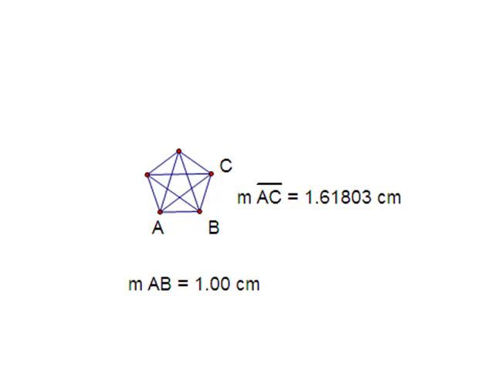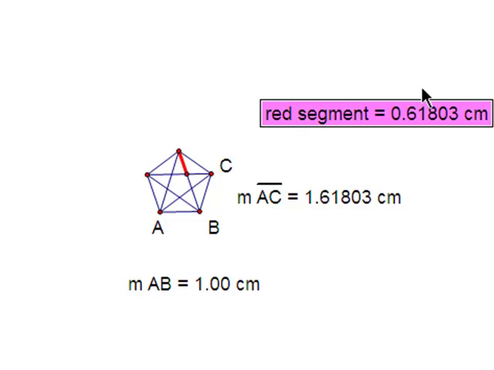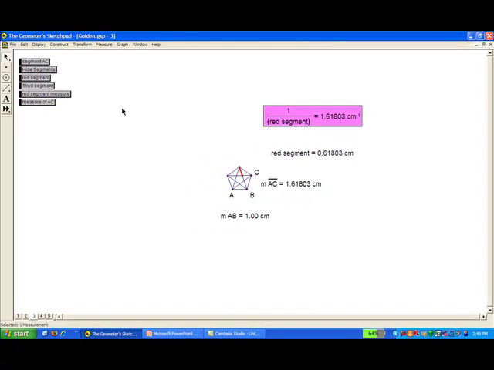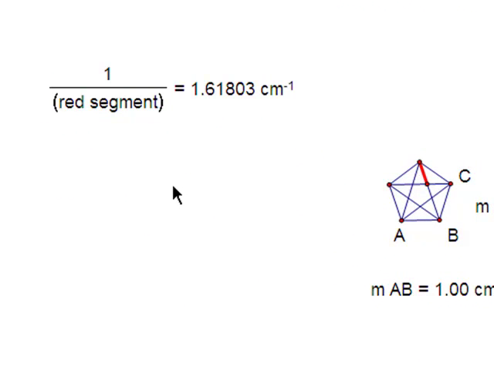Now, let's look at this red segment right here. Let's take a look at its length. It is 0.618 centimeters. But if we take its reciprocal, we find that, lo and behold, we get, you guessed it, the golden ratio.